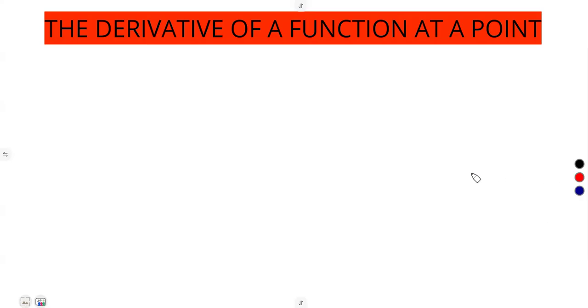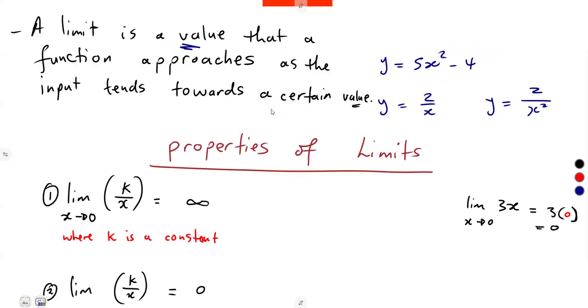It is going to be an application of what I'm going to explain in this class, which is the derivative of a function at a point. That's a single point that you're referring to, a single point where you're given x and y. All right, let us go back.